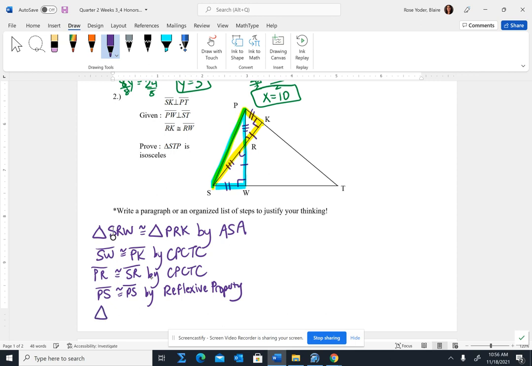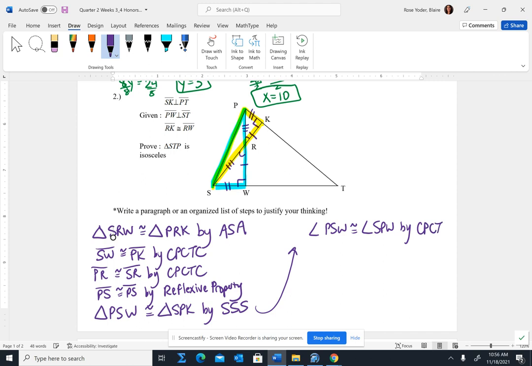So triangle PSW is congruent to its overlapping triangle SPK by side, side, side. And the reason why that's helpful is because then I can say that angle PSW is congruent to angle SPW by CPCTC, and those are base angles of an isosceles triangle.